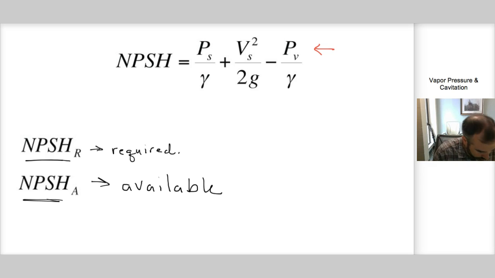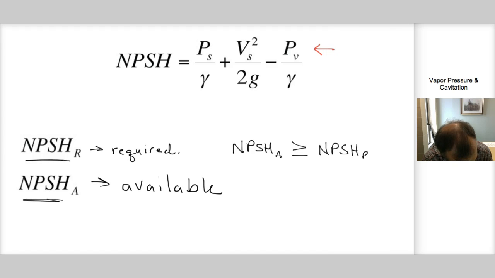Generally speaking, when you design an engineered system, you want a situation where NPSHA is always greater than or equal to NPSHR to prevent cavitation.